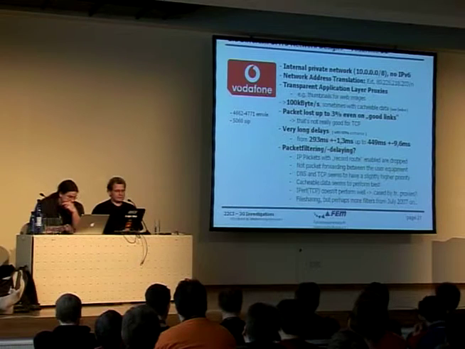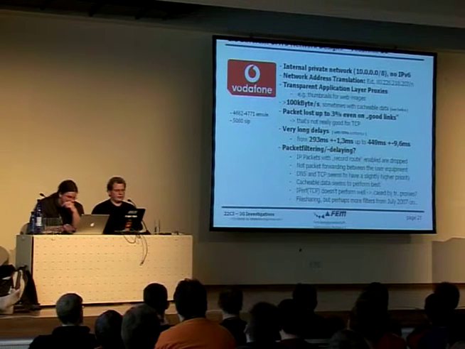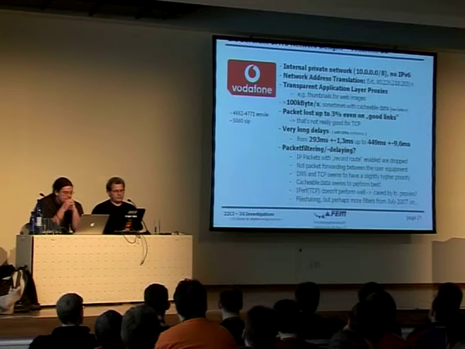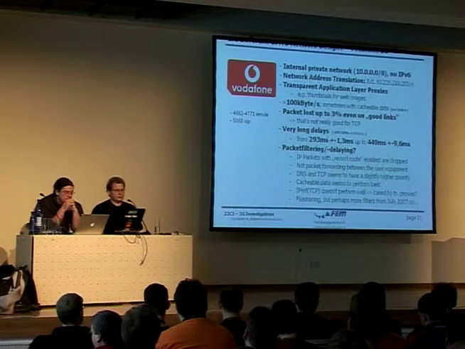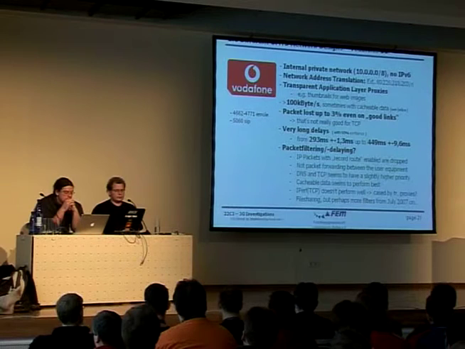There are some hints, some things that point us to packet filtering and delaying, because on some access points we used, some ports were closed to the outside world, and even some ports were heavily delayed.